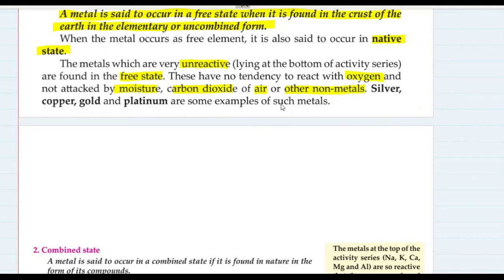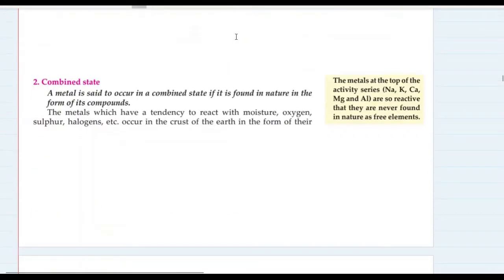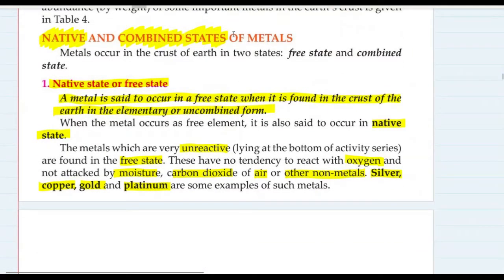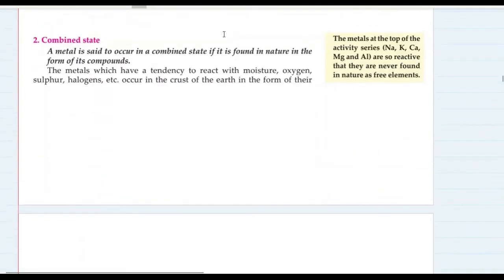For example, silver, copper up to some extent, gold, platinum are some examples of such metals. That's the first state in which the metals are found in Earth's crust, native or free state. Very rare, and that's why very expensive.